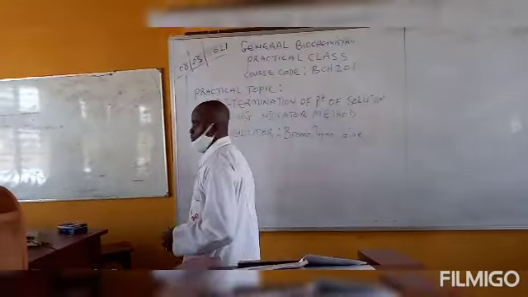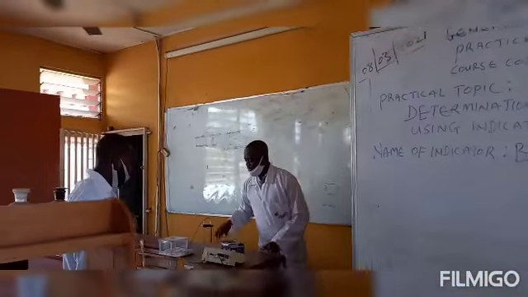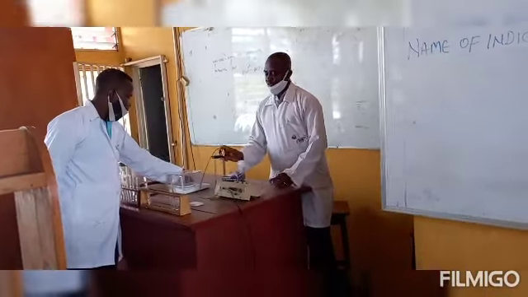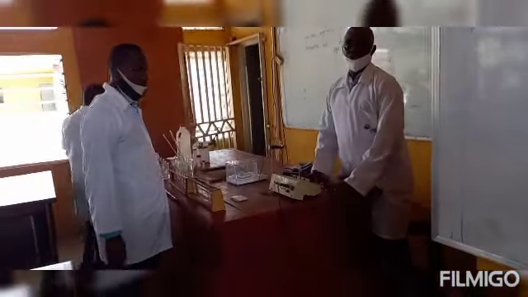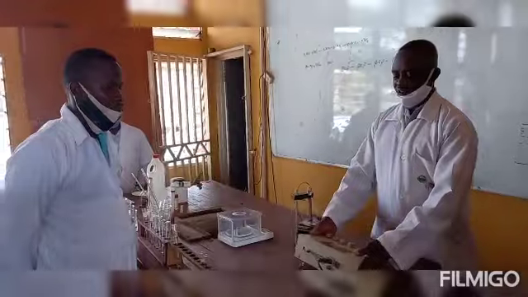The equipment used in taking the pH of any solution is known as a pH meter. This is a typical example of a pH meter.